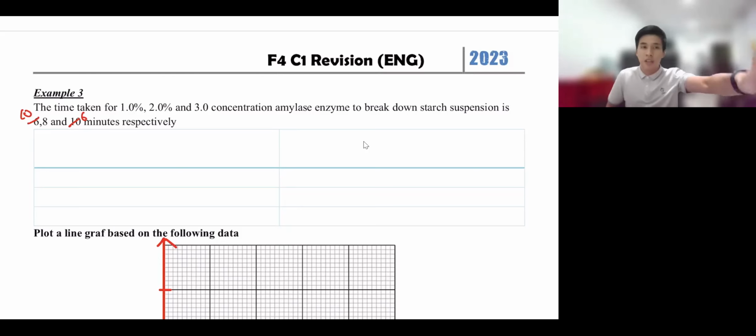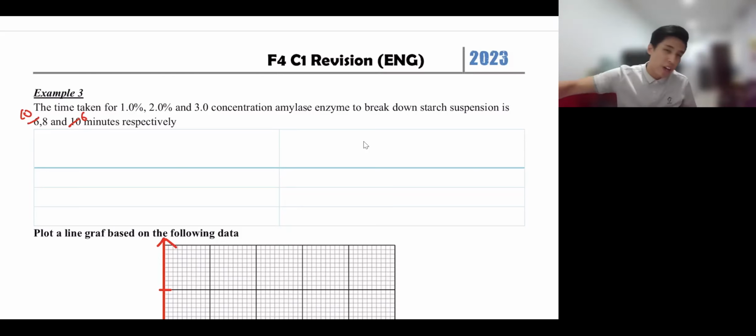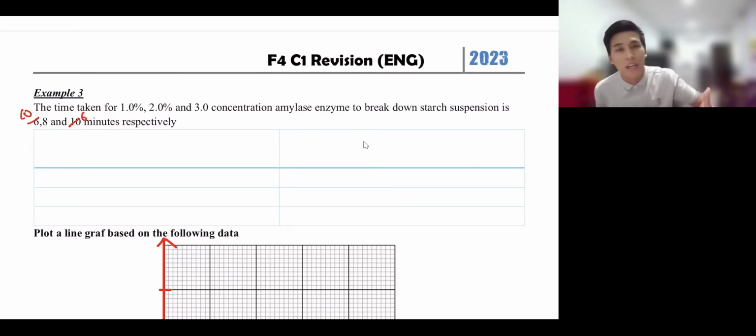So MV, everybody come. What is the manipulated? Yeah, you guys respond more. Who is your manipulated? What is affecting my experiment here? So when I use 1, 2, 3% enzyme concentration, the time taken to break down starch is 10 minutes, 8 minutes, 6 minutes.